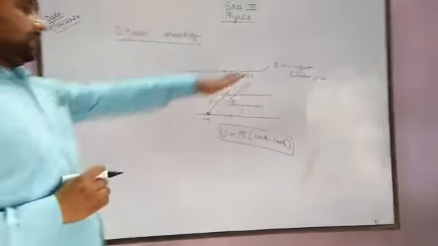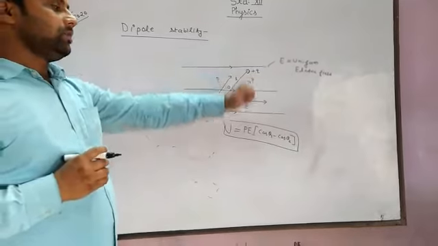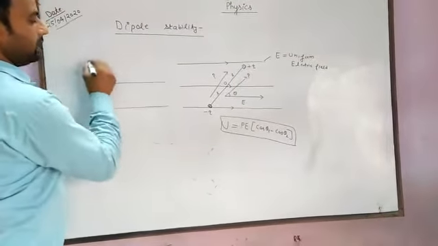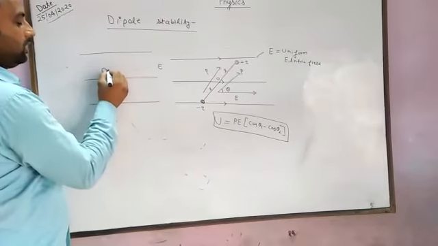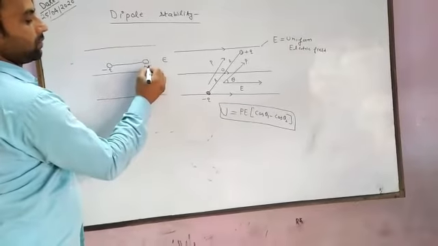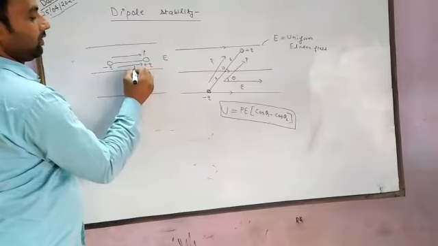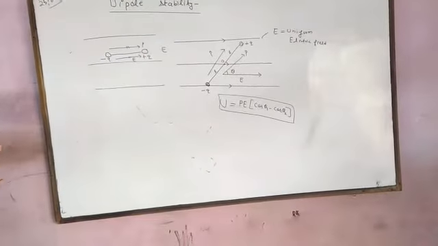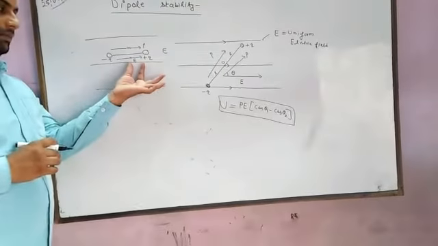Now, how do we show the stable condition? This is the stable condition of the dipole. This is the external electric field, and the dipole is placed in such a way. This is the negative charge and this is the positive charge. The direction of the dipole and the direction of the electric field are the same.